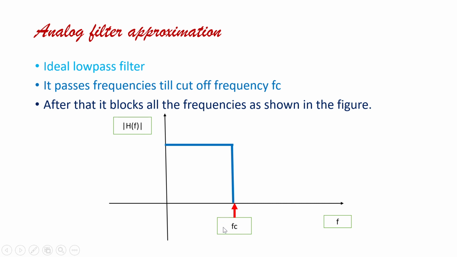So from this end to this end is known as a pass band, and from this point till the end it is a stop band, because after that it blocks all the frequency. It passes all the frequency in the pass band, and stops all the frequency in the stop band.